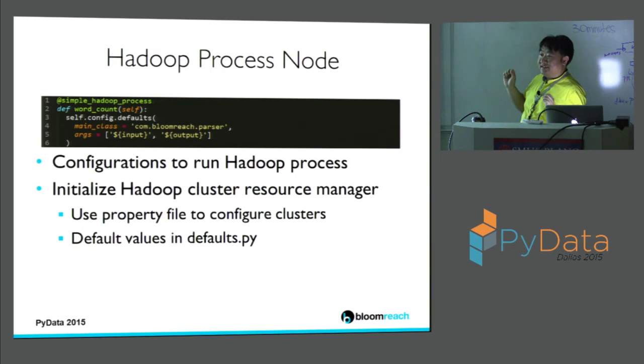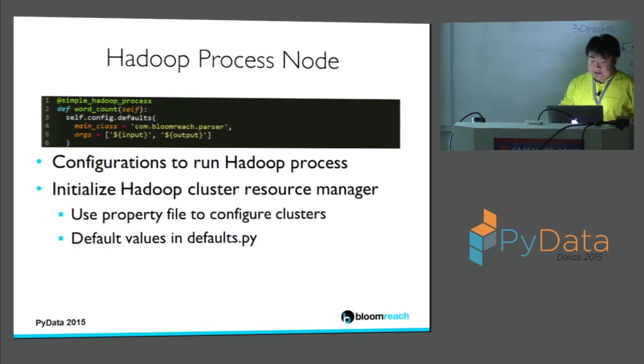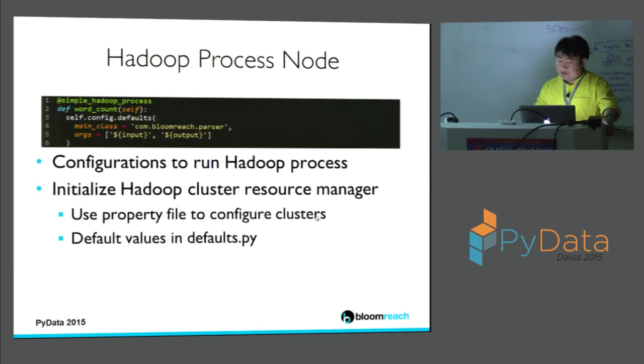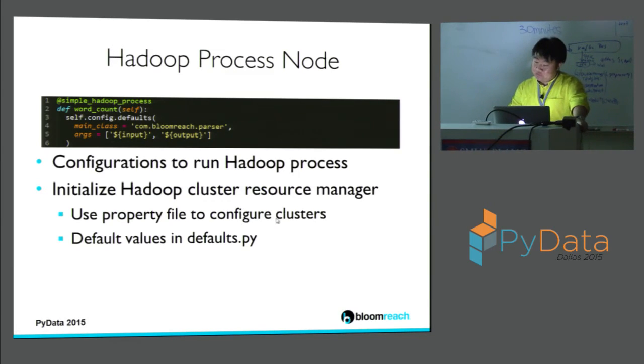So it's exactly the same as a Java process. And you have to set the input and output, either on S3 or locally. Then you can run it. And if you want a different configuration on local or remote, you just change the configuration. So nothing changes in your code logic when you want to run on a different environment. And default values are all in default.py.